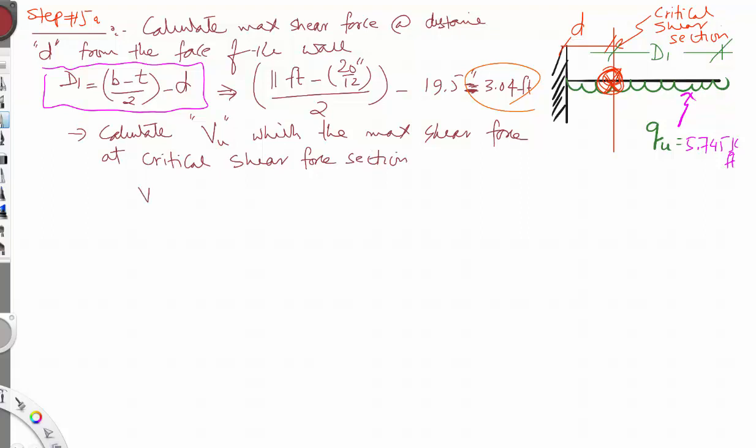And the equation for VU is equal to QU multiplied by D1. Again, this is an equation.